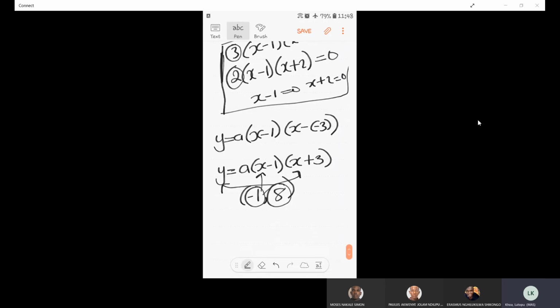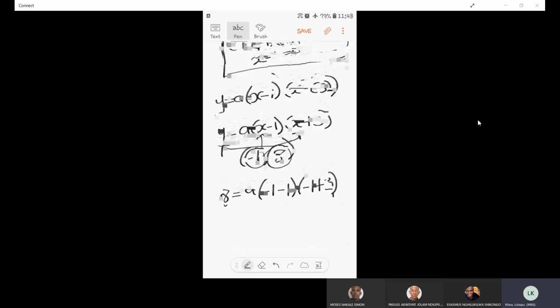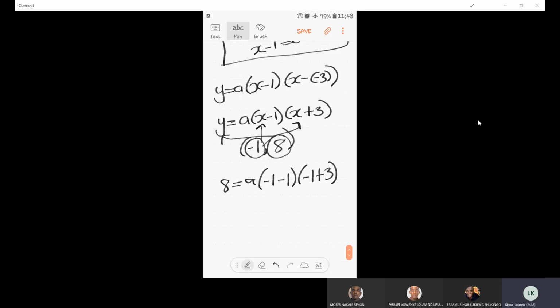Okay, so I substitute. I have 8 = a(-1 - 1)(-1 + 3). Here we now try and solve for a.